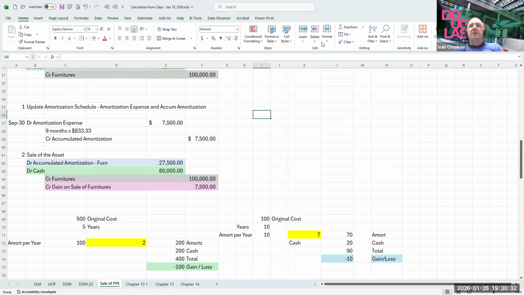Okay, questions with this selling of the asset and calculating gain or loss? Let's move to the slides then and finish these slides. Waiting for the slides to show up on your screen as well.